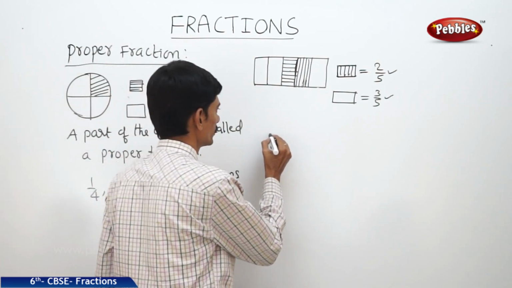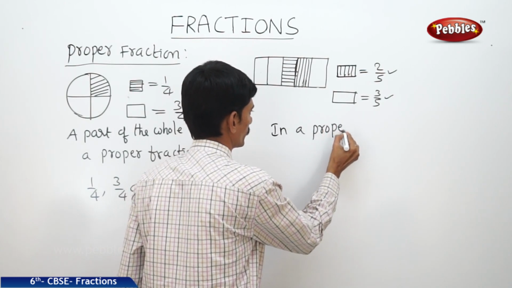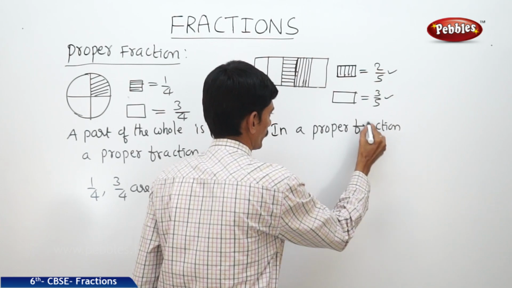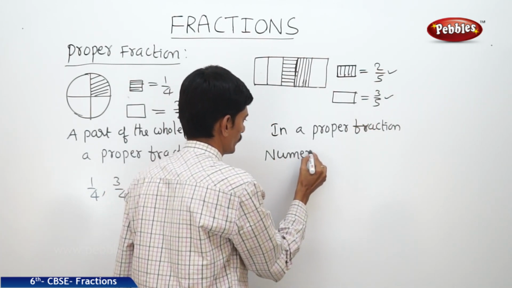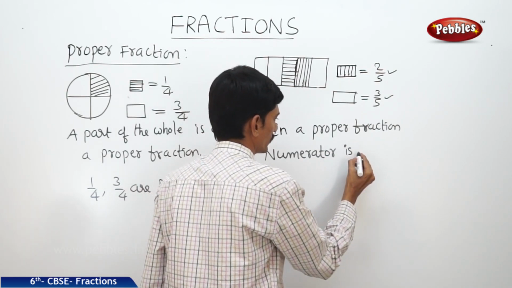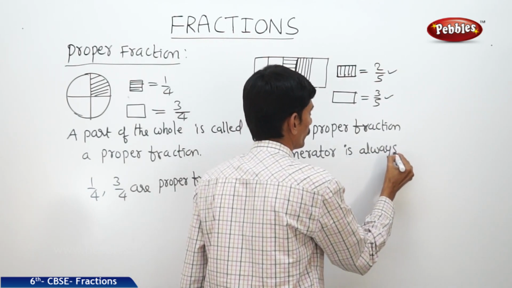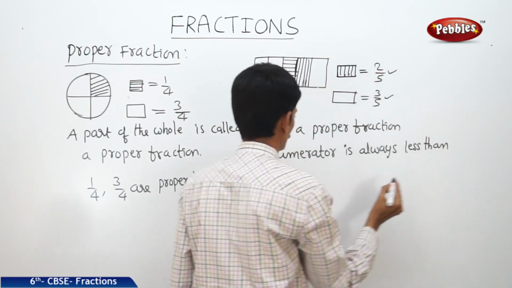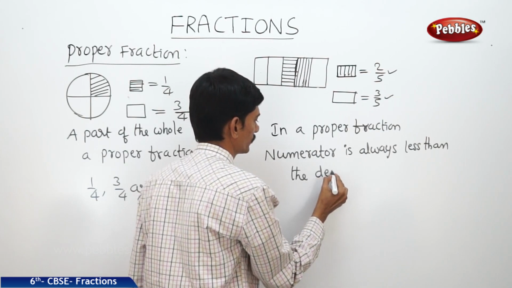So in a proper fraction, the numerator is always less than the denominator.